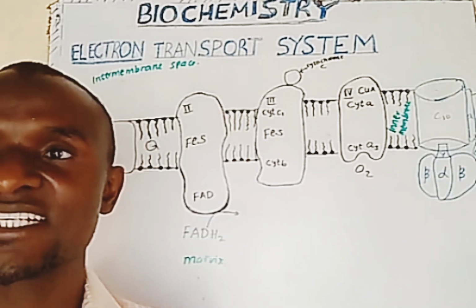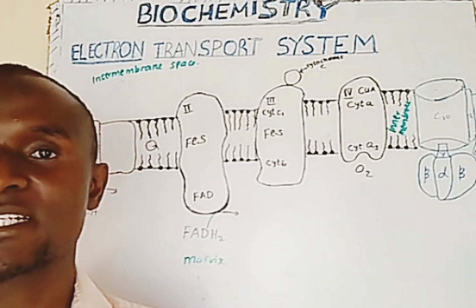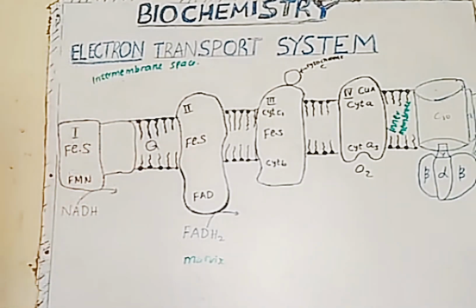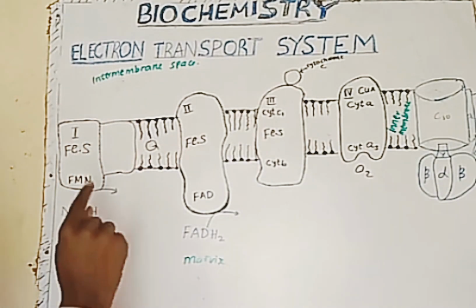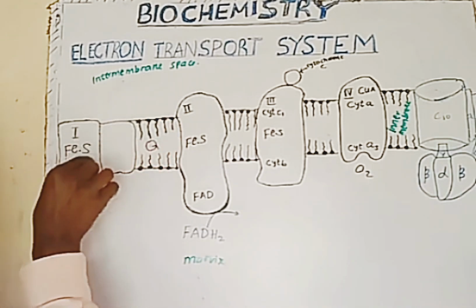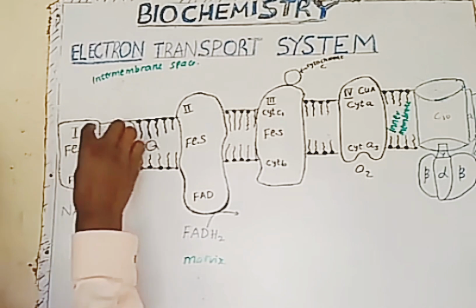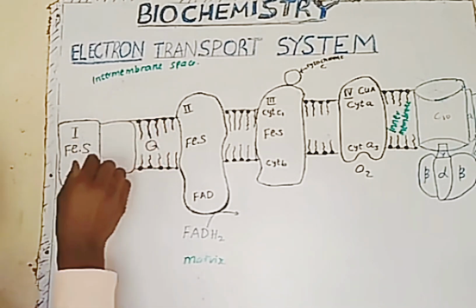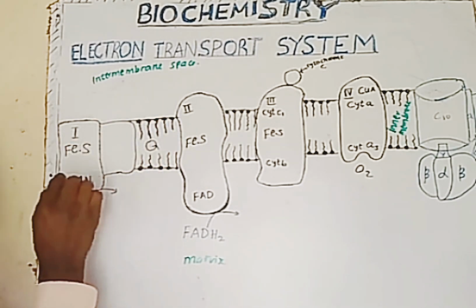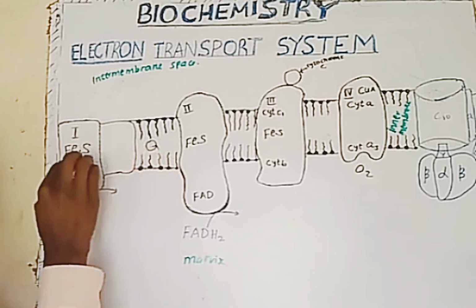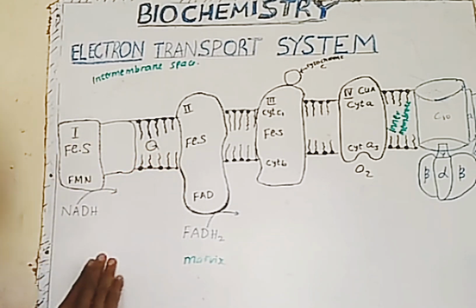Next, let us start discussing the complexes. So we begin from complex 1. Complex 1 is L-shaped. As you can see, it has the vertical component and the horizontal component. So the vertical component is partly held in the inner membrane of the mitochondrion and is partly exposed in the matrix of the mitochondrion. Let's look at the contents of complex 1.